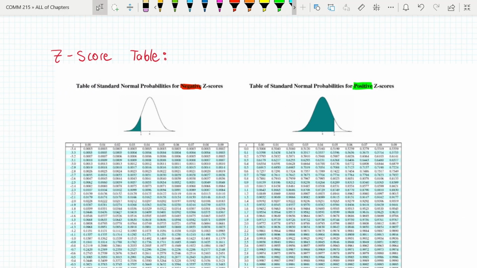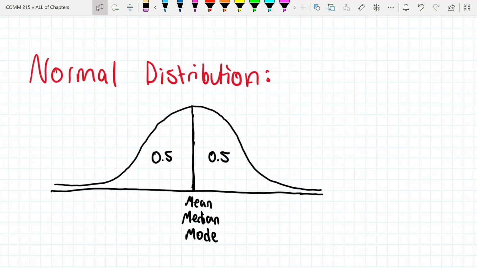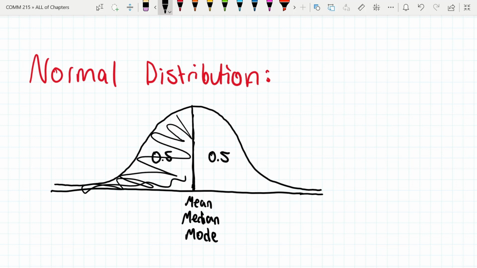The reason is that if we want to find something on the left side of your mean, that's going to use a negative z-score. A negative z-score just means under the mean, and a positive would be above the mean.